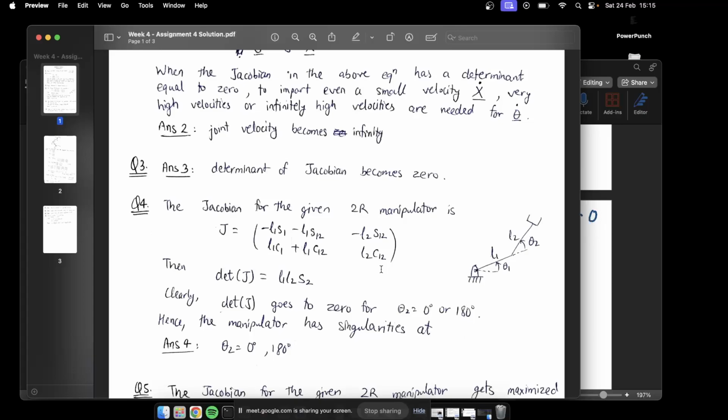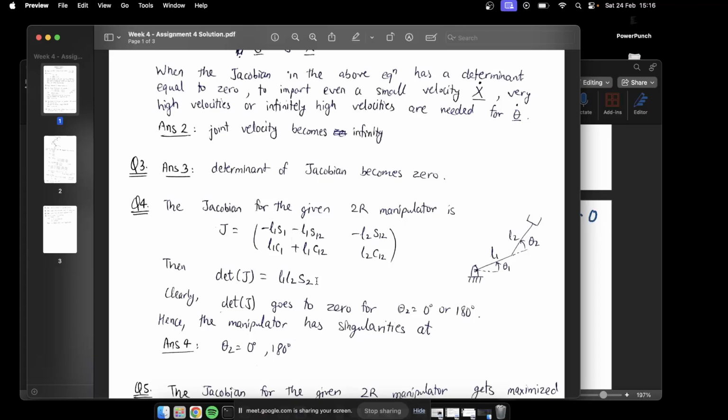Okay. So once you have the Jacobian, your task is half done. You just have to find the determinant, and the determinant of a 2 by 2 matrix is quite simple. You multiply the cross terms and subtract them. So it comes out to be L1 times L2 times sine of theta 2, right? The determinant clearly depends only on the value of theta 2, not on theta 1.